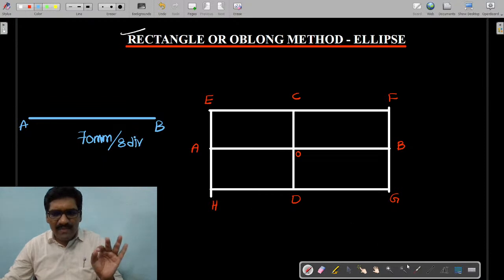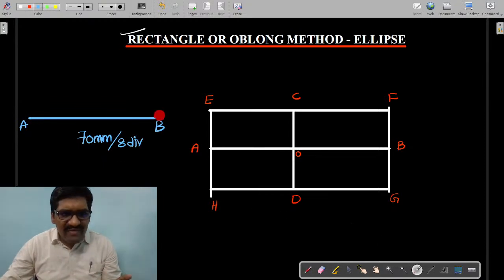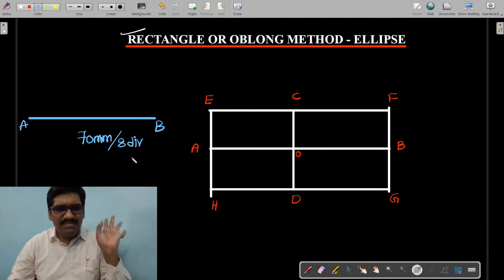Very simple. Again, I am repeating, all of you. I have to divide this AB line of length 70 mm into 8 divisions.